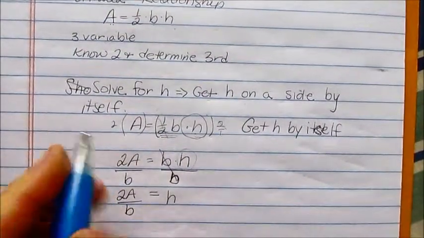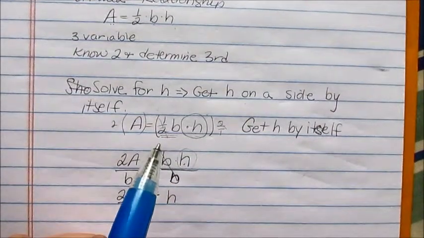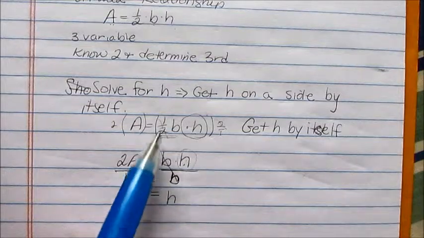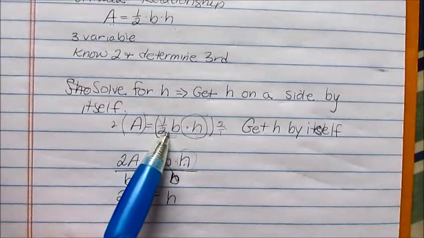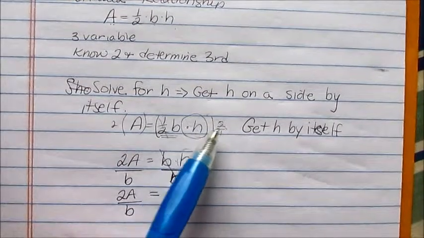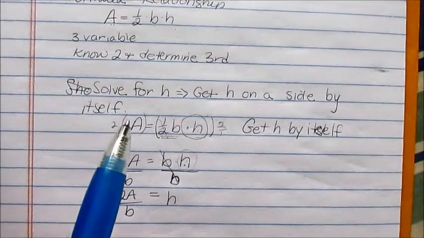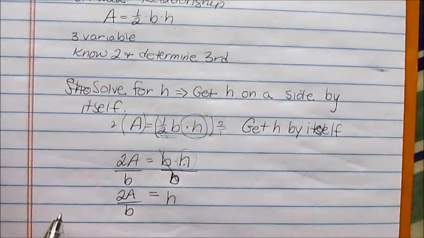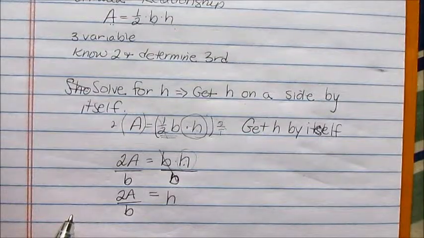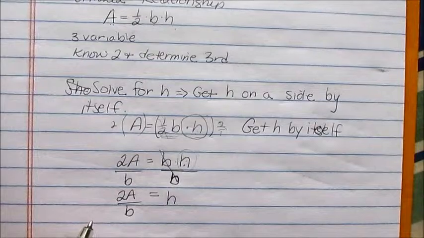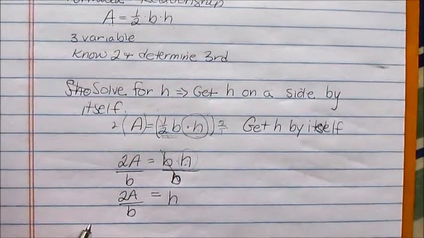I keep circling it so I don't forget where I'm going. We could undo multiplication by division, which is a shortcut, or multiply by its reciprocal. You can try problems 5 and 6, which I've gone through with you in a video lecture. If you're not sure what to do, take a look and do what I did.